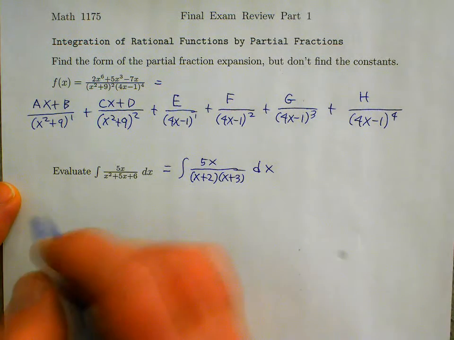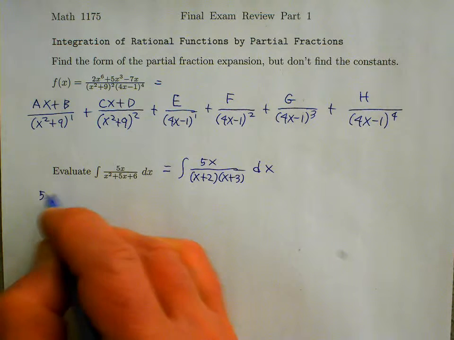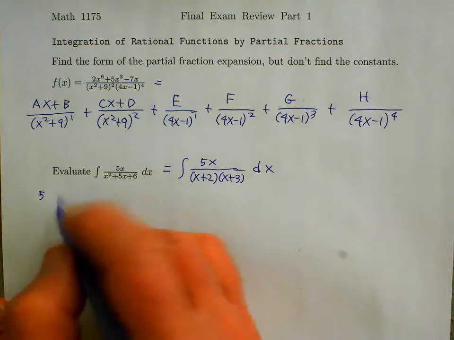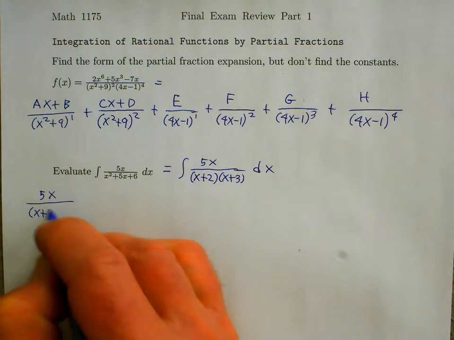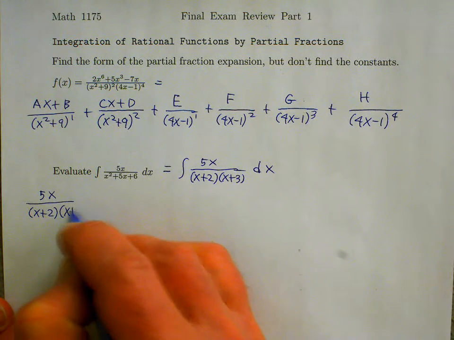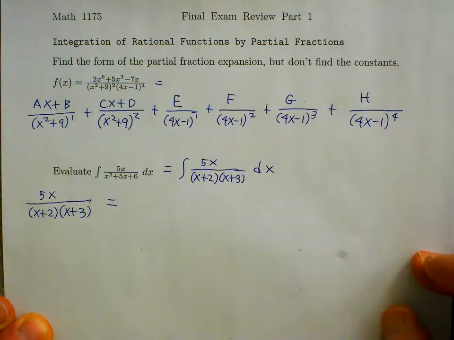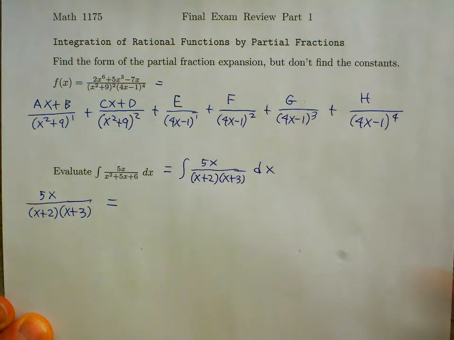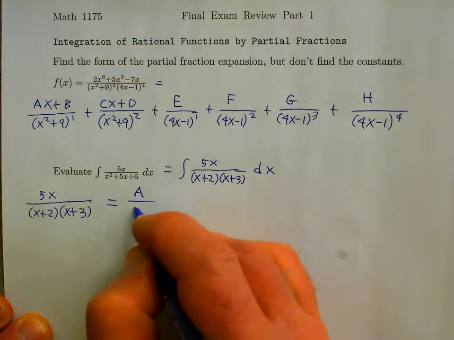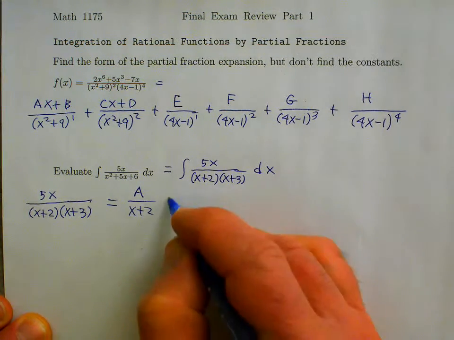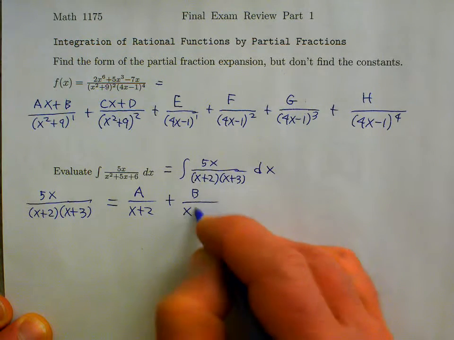So we'll use a partial fraction expansion, and then after that, we'll find the integral. So 5x over (x plus 2) times (x plus 3). The two factors in the denominator are linear, so we'll have a constant a over one of those factors, x plus 2, plus a constant b over the other linear factor, x plus 3.